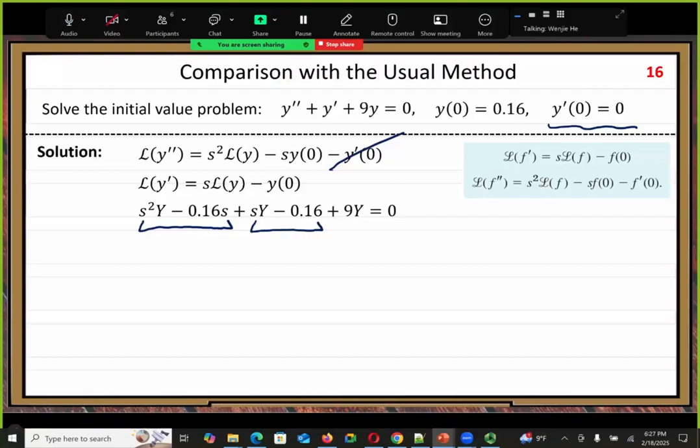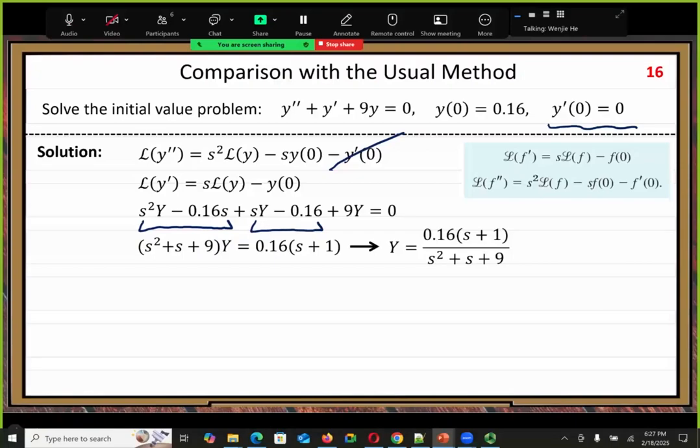All right. So we factor out y, then we get an algebraic equation, so we can find the y formula easily. Then we need to do the fraction decomposition.